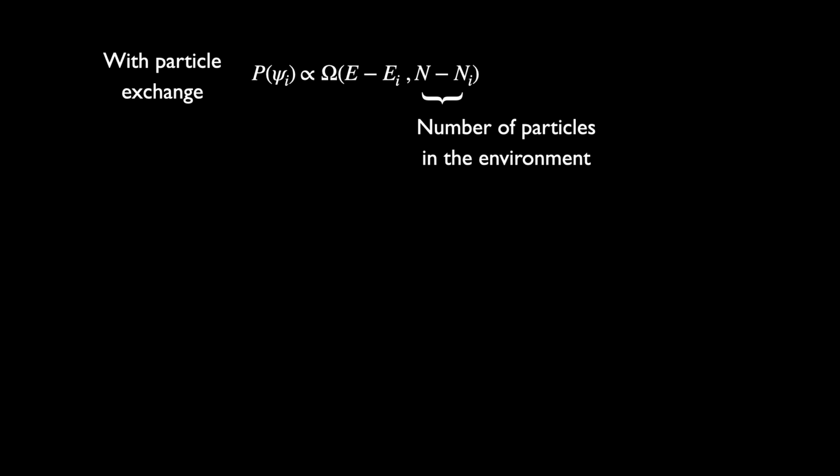Recall that previously, when there's no particle exchange, the probability of the system in psi i is proportional to omega(E minus Ei), which is the number of microstates of the environment consistent with psi i. With particle exchange, omega now has an additional particle number dependence, N minus Ni, which is the particle number of the environment. N is the conserved total particle number.